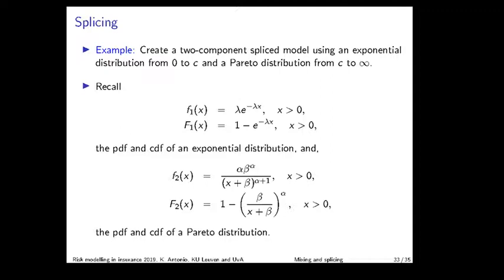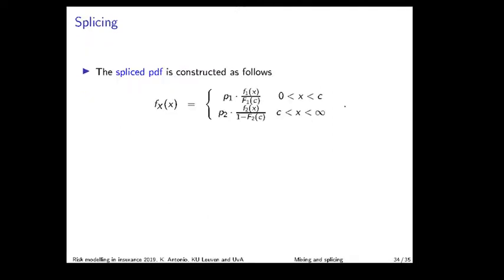The spliced probability density function then follows by restricting the exponential to the interval from 0 to c through conditioning, and by restricting the Pareto to the interval from c to infinity, again by using conditional probabilities. The weights in this construction are denoted here with p1 and p2.